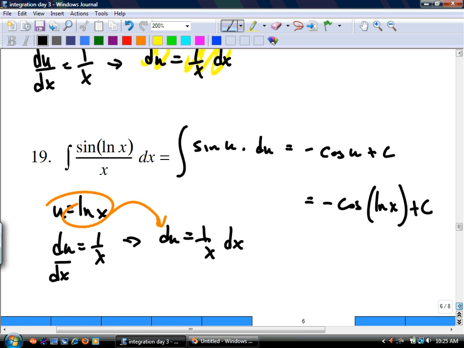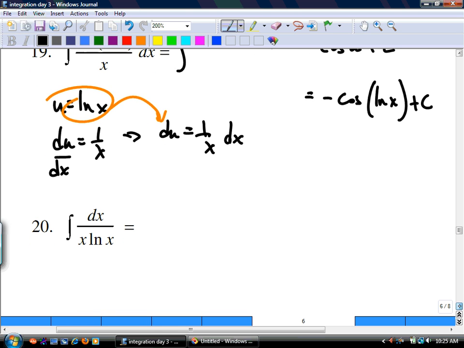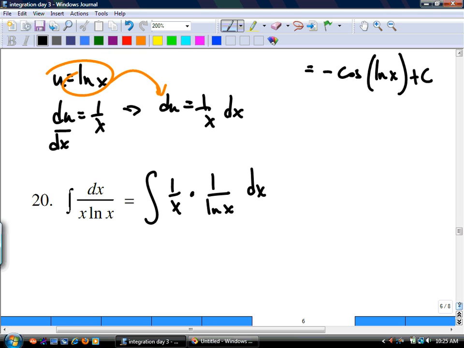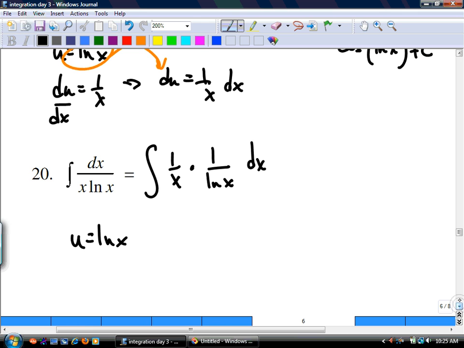One more. That's my hint. What are you going to let u equal? du is going to be, so we'll skip to that step, okay?